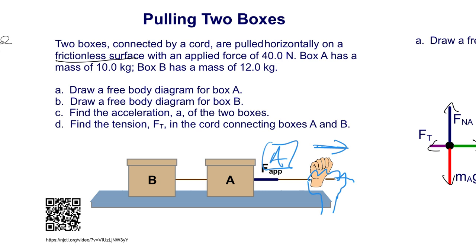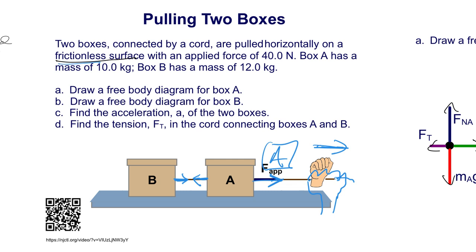Draw a free body diagram for box A. Okay, well, first of all, you gotta realize that according to Newton's third law of motion, box A is pulling on box B with the same force that box B is pulling on box A. Those are independent of the applied force. They don't equal the applied force necessarily. It's pretty easy because there's no friction.